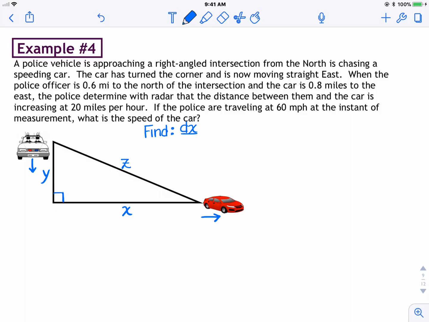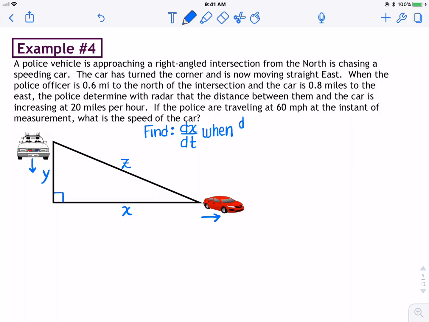So I'm looking for dx/dt, the speed that that car is moving away, at a time when the distance between the police and the car is increasing at 20 miles per hour.